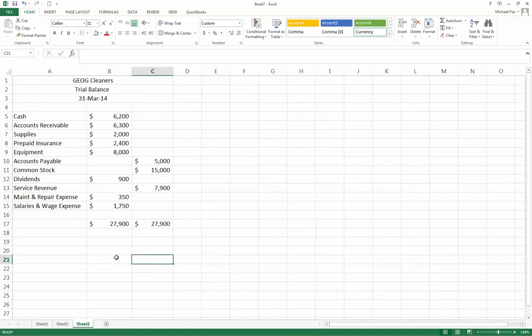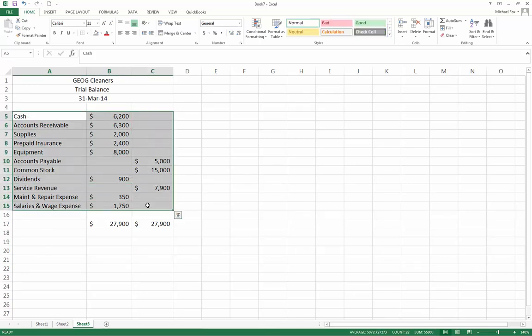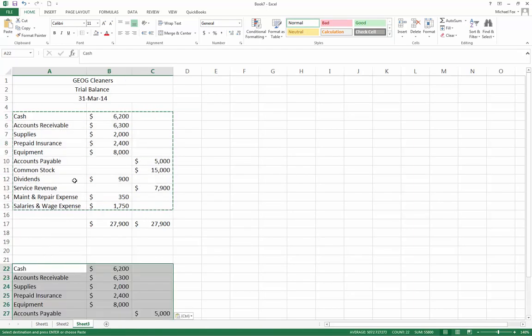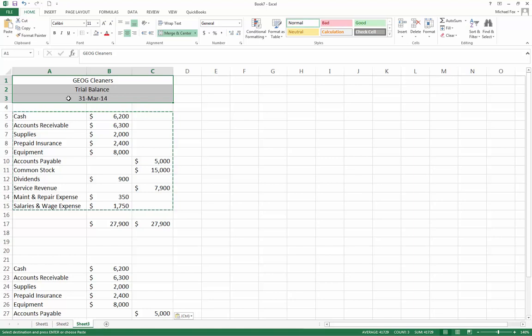So I think the way I'm going to do that is I'm just going to come to this trial balance, and now I'm going to copy it, and I'm going to paste it down here. I'm going to call this new one the adjusted trial balance.